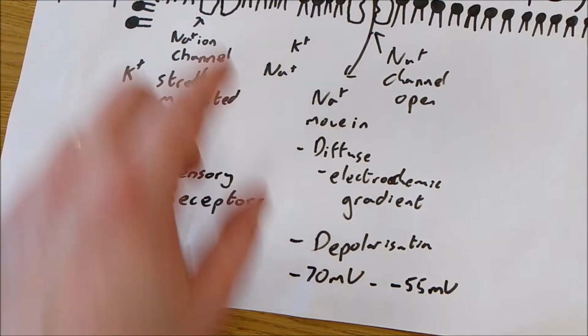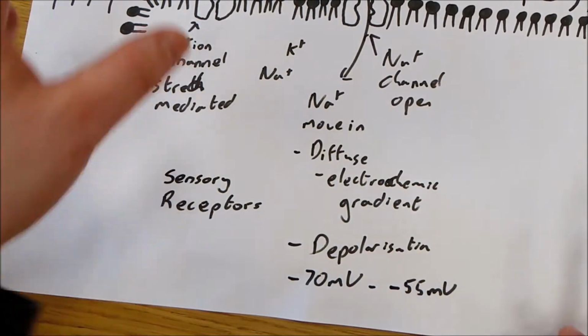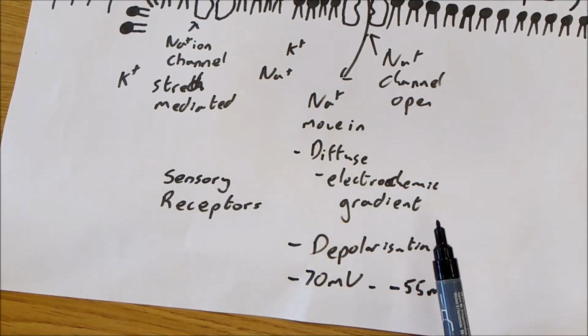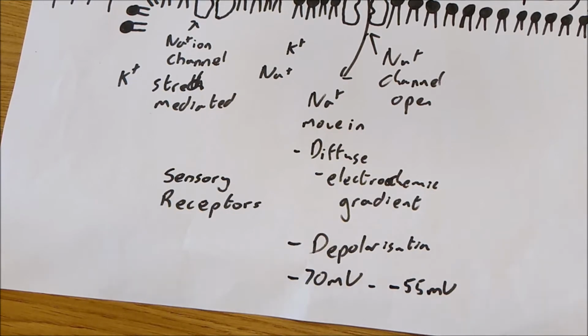So that is how we start off at this sensory neuron, how we trigger our action potential from some sort of stimulus. And the stimulus needs to be heavy enough or strong enough to cause enough sodium ions to move for that to go up to minus 55 millivolts, and then that sets off the action potential, which is a little bit like a chain reaction.